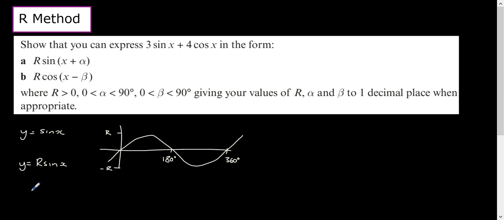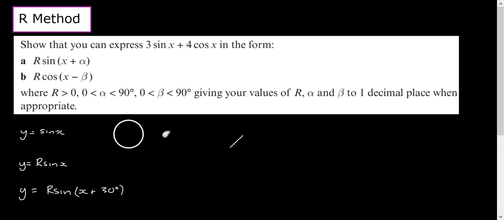Now, say, for example, I want to shift the graph and I want to say r sine x plus, let's say, for example, x plus 30. Then I would adjust my sketch, and I would have, instead of going through at 0, 0, it would now go through at minus 30.